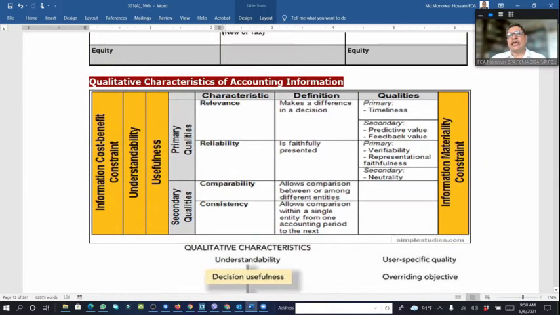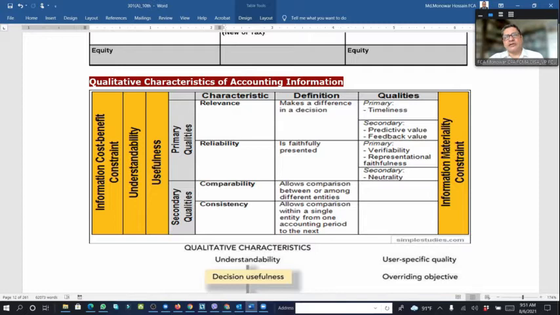And here, the information needs cost-benefit, understandability, usefulness, and its primary qualities, which we have seen, should be relevance. Relevance means making a difference in a decision. Reliability means it is faithfully represented.